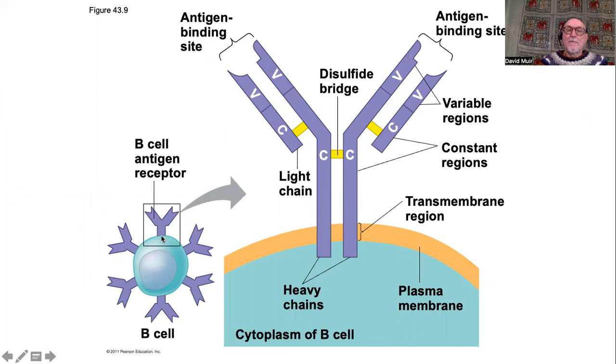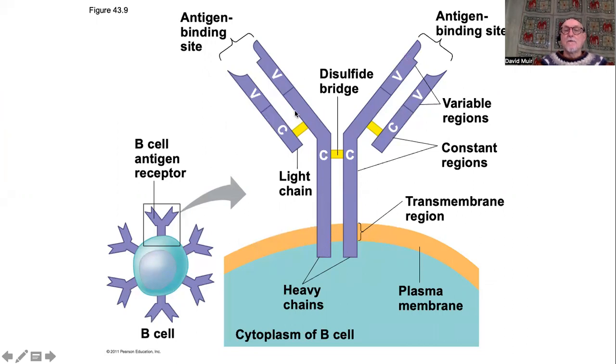Here it is, the Y-shaped receptor, and it has 1, 2, 3, 4 different polypeptides which are united to form the entire receptor molecule. It's embedded into the cell membrane.